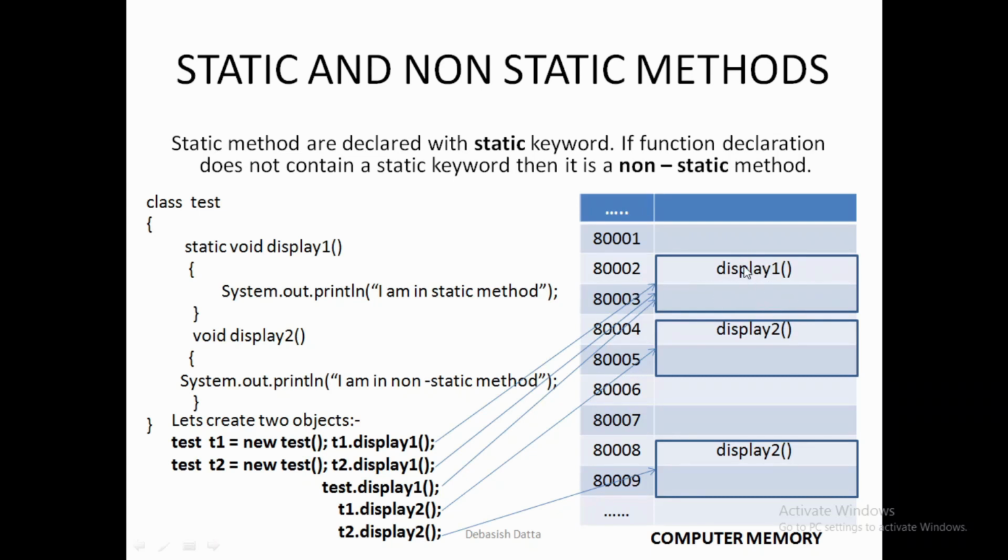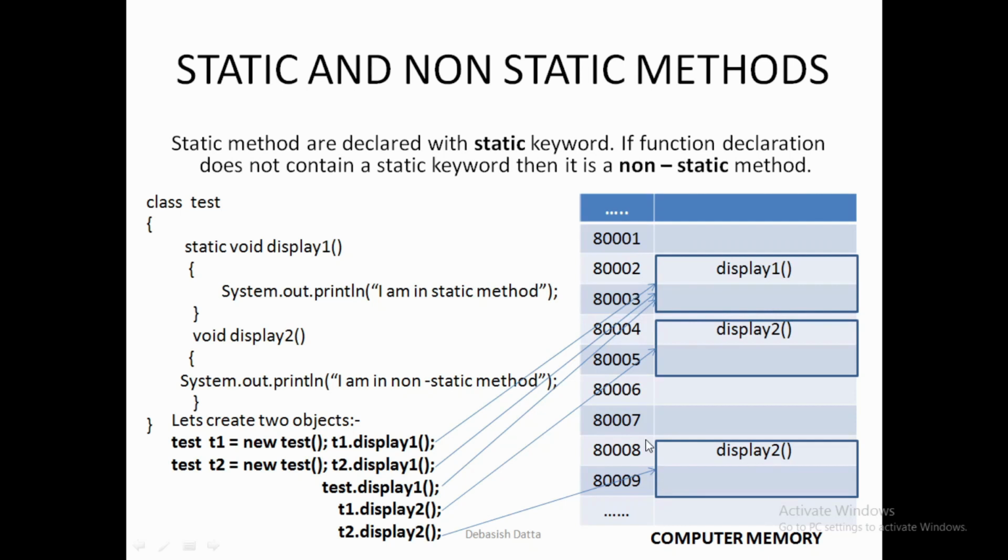Here it is. But for the non-static method, two different calls using two different objects are associated with two different memory locations. For T1 it is a separate memory location, and for T2 it is a separate memory location.